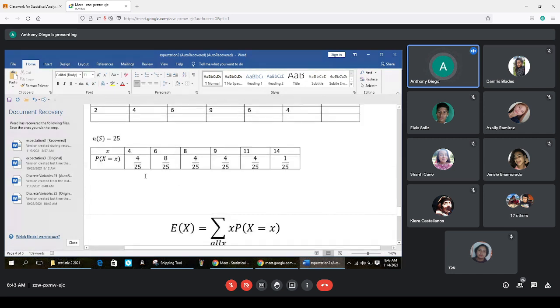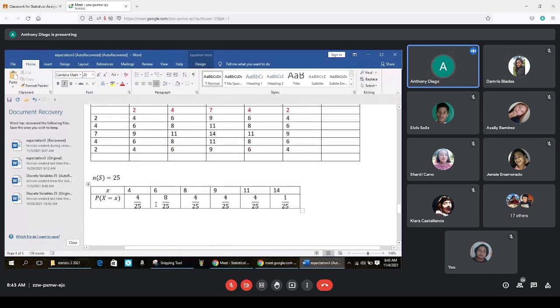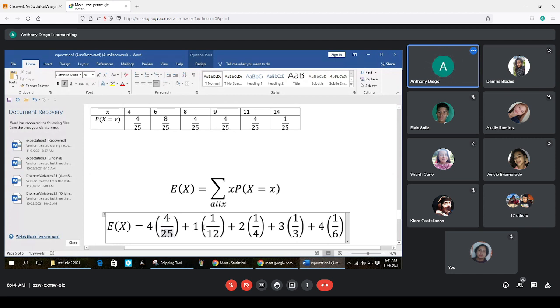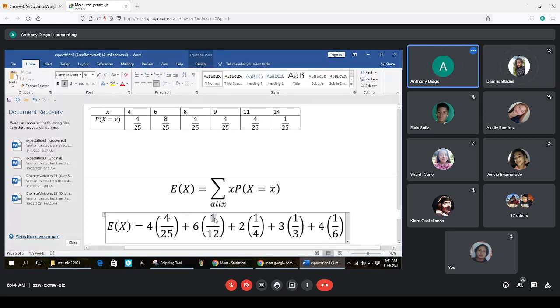Now coming here, we're going to have 4 times, so this will be 4 times 4 over 25. And then this will be 6 over 25.